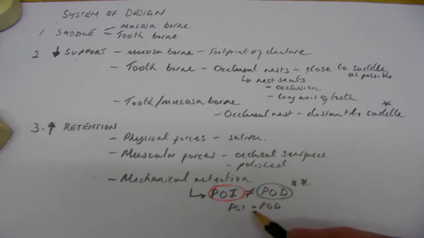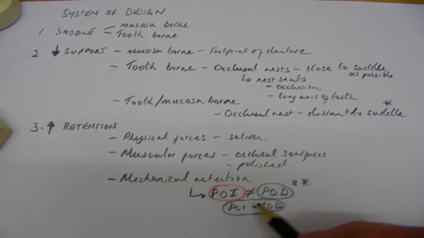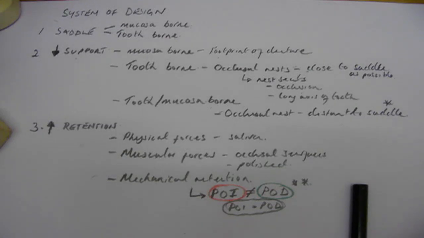That's quite common to do, and it's very simple, but we must use a surveyor to find any undercuts relative to the path of displacement and block them out so that the denture can come on and off the model and in and out of the patient's mouth.